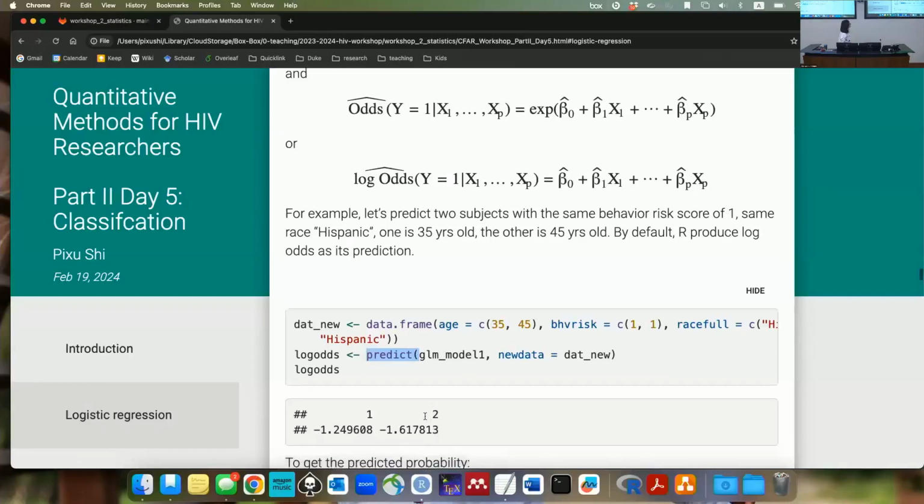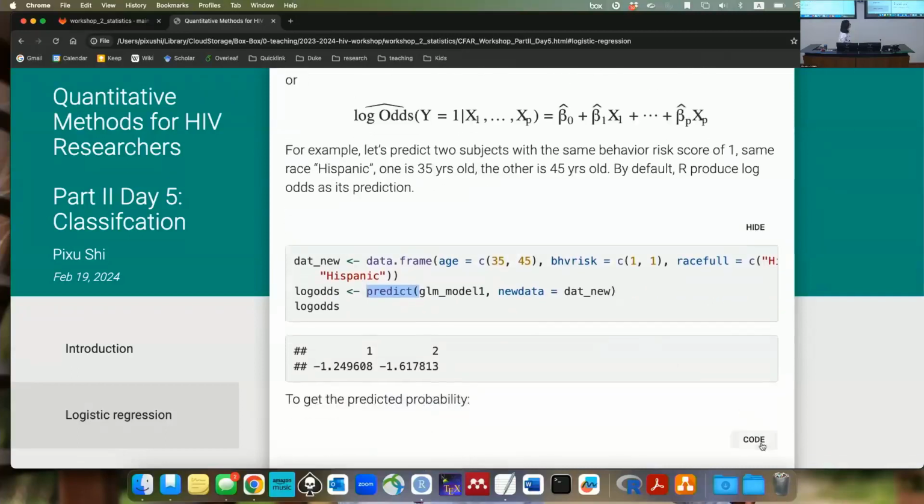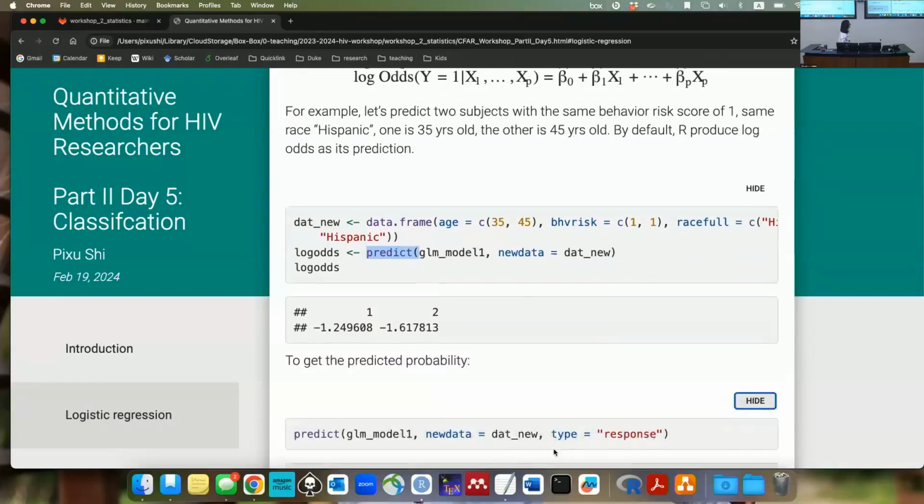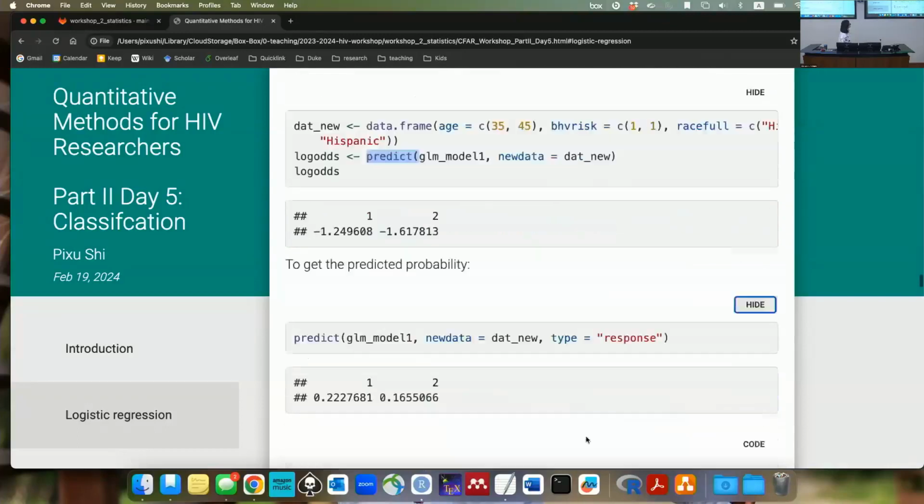And if you want to get the probability, you need to let R know you want the type to be response. This time it's going to transform the log odds into the probability for you, so you don't need to do the calculation yourself.